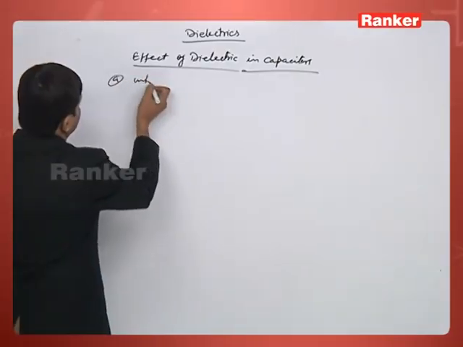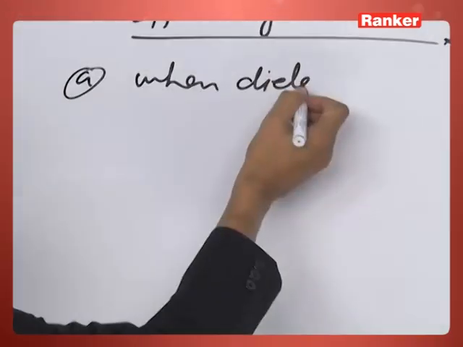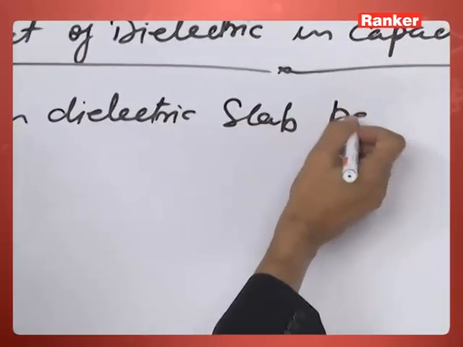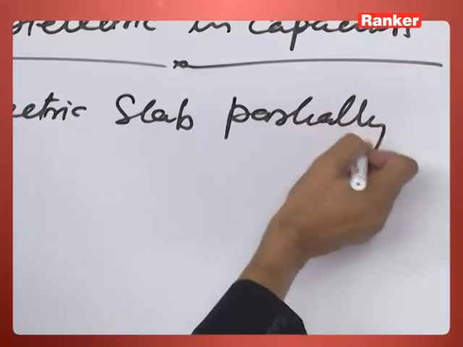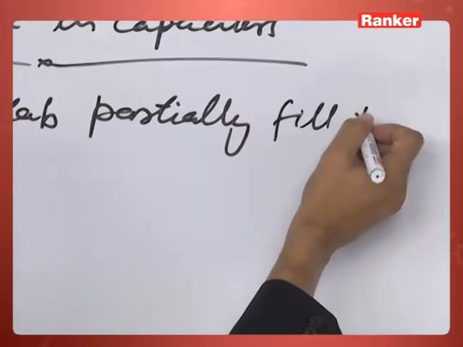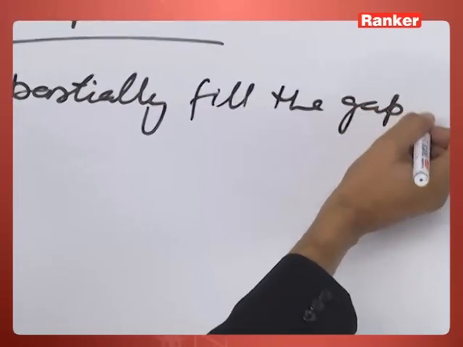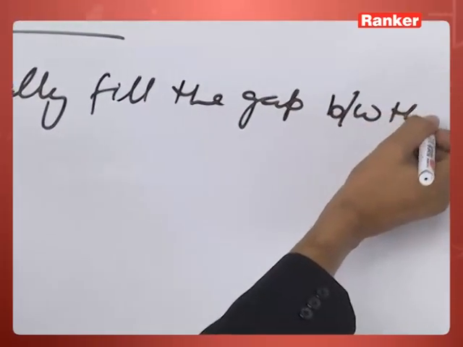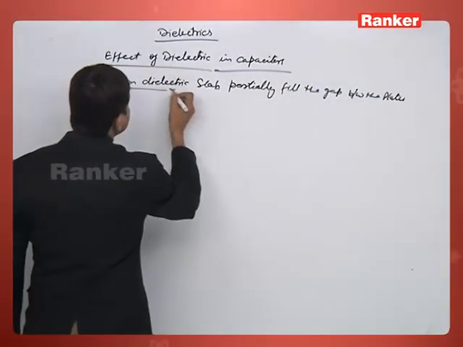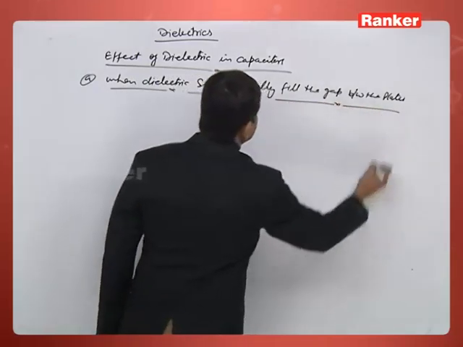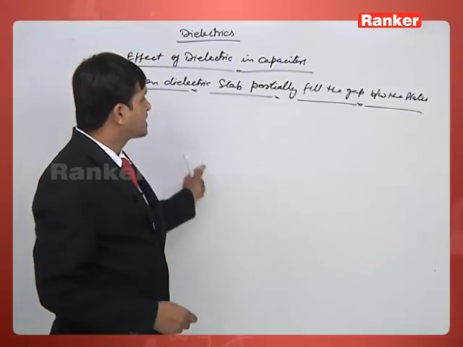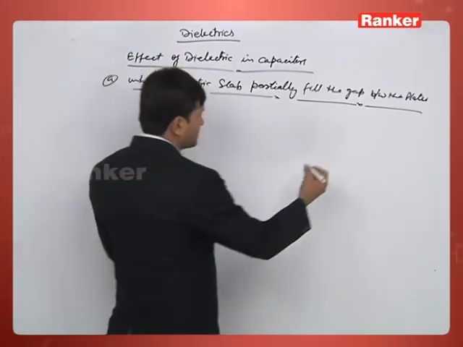Now when the dielectric slab partially fills the gap between the plates, see the effect. In the previous case, the dielectric slab completely filled the gap between the plates, but here we are taking a different case.